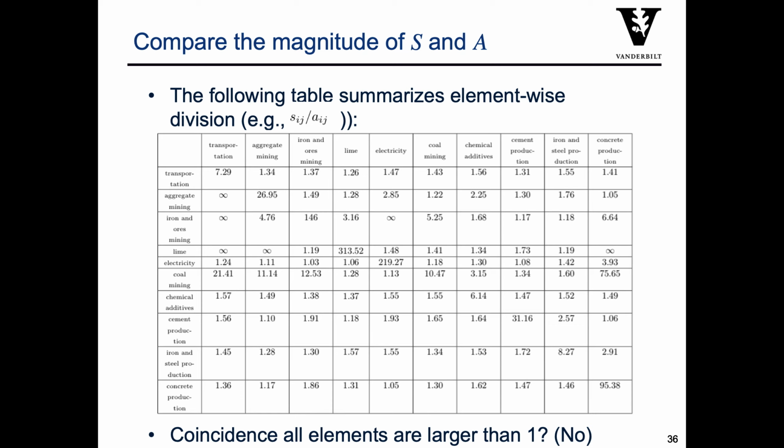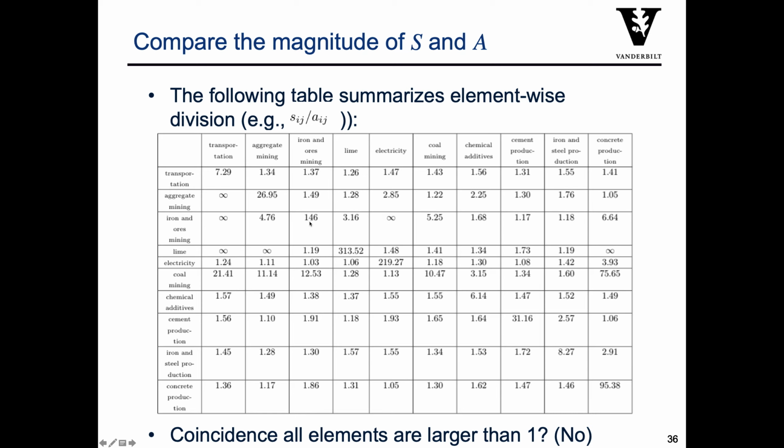It's the total amount of input required from sector I to produce $1 of intermediate output from sector J. So it's the difference between the total output and the intermediate output. In other words, you can look at the multipliers here. Some of these things are basically telling you that you get a lot more total output from a sector compared to intermediate output, where others are less so.